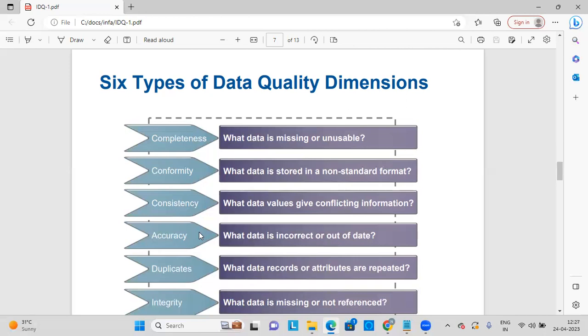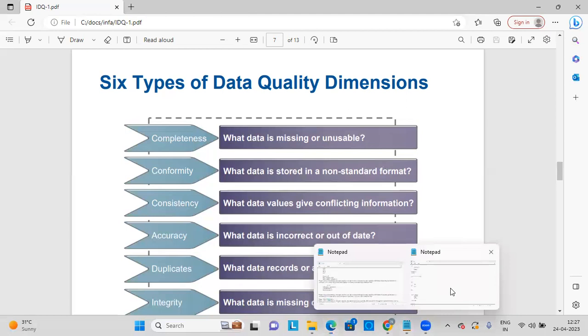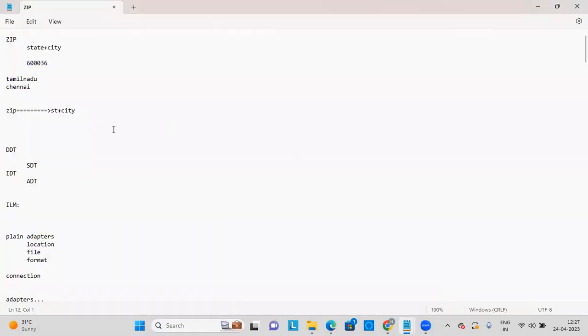So we need to make sure that all of these six dimensional measures have been taken care of while building a quality solution. So now let us start understanding one after another. The first one, completeness. I'll try to give one or two examples for each.